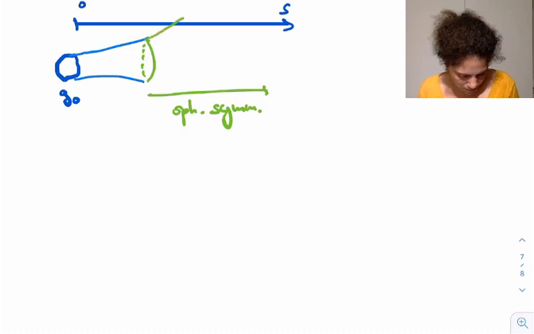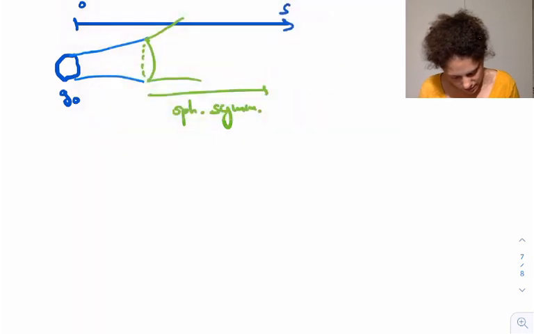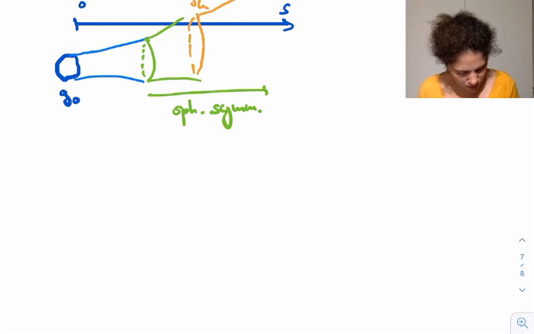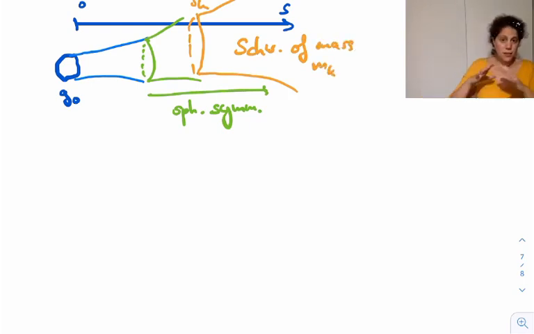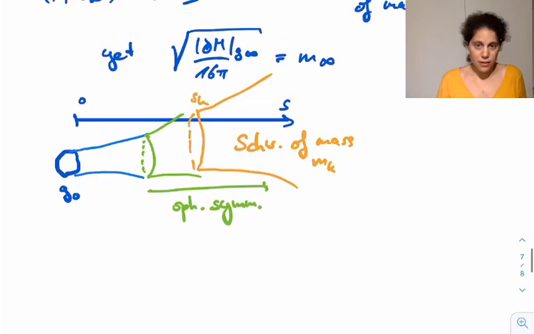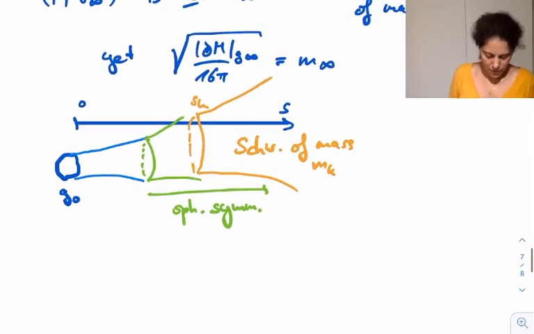Opens up. And then eventually, after some parameter s_k, it will look like a piece of Schwarzschild of mass m_k. And it has positive scalar curvature all throughout this picture.